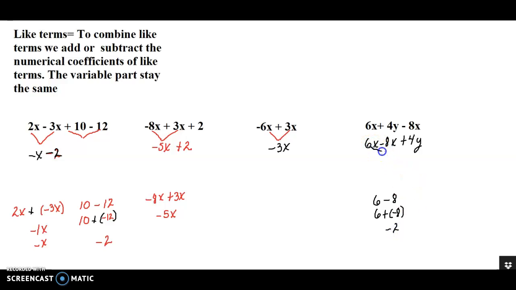So when I combine these two together, I get a negative 2x. I don't have another term that has a y attached to it, so I just bring that term down.